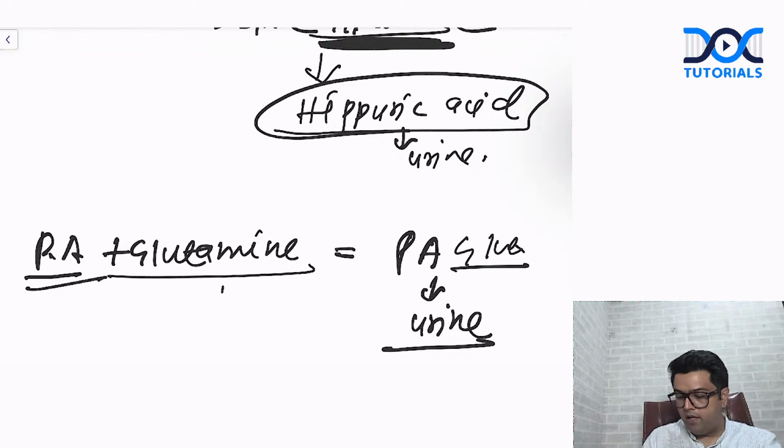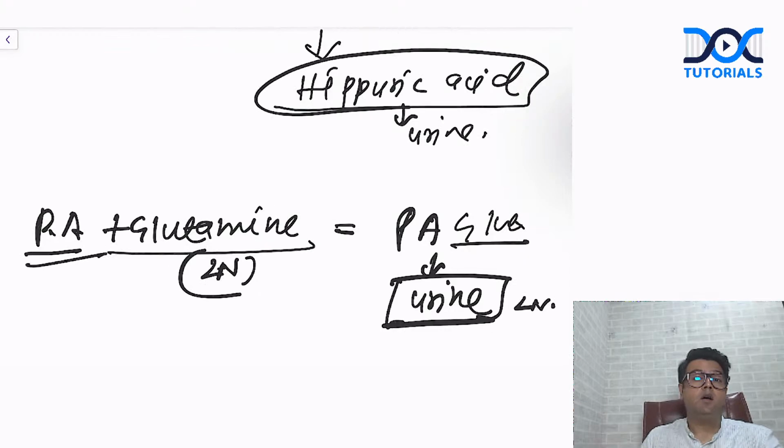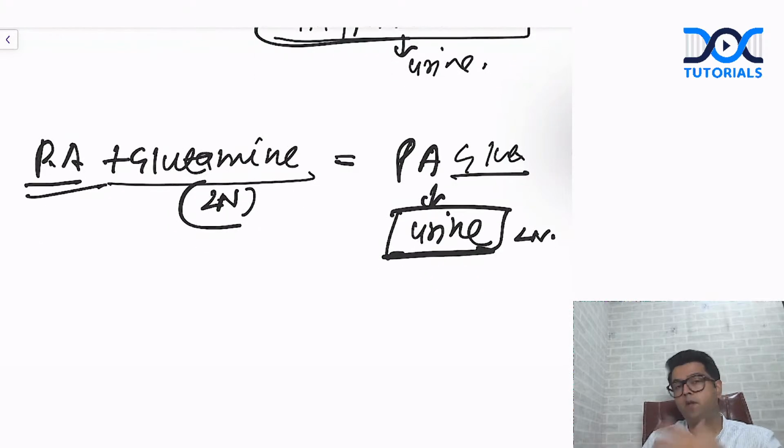Now, guys, glutamine has two nitrogens, so two nitrogens will appear in the urine. This is how scientists and doctors identified other channels of nitrogen removal, and that's how these drugs are being utilized or created. So we understood this point, guys.